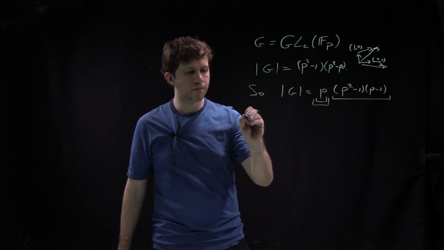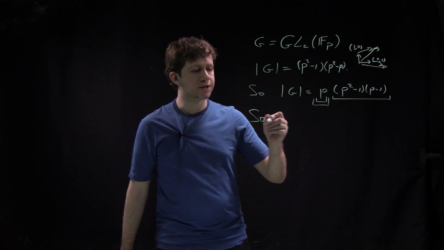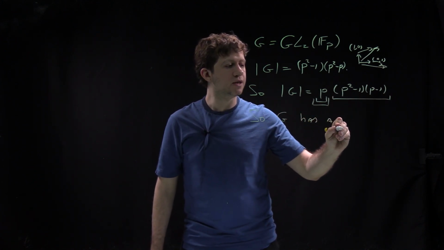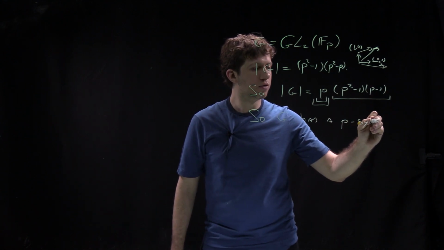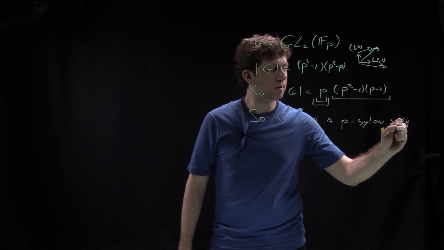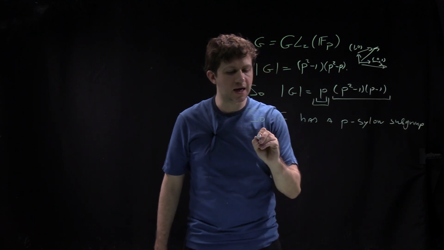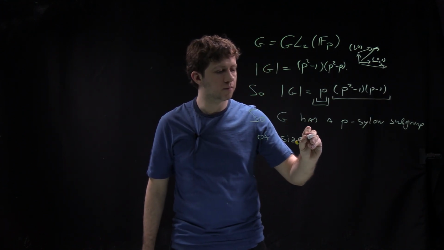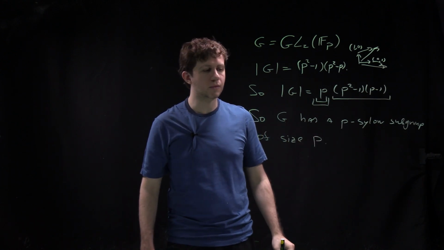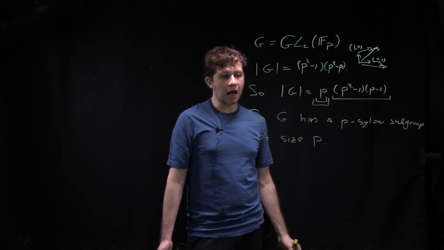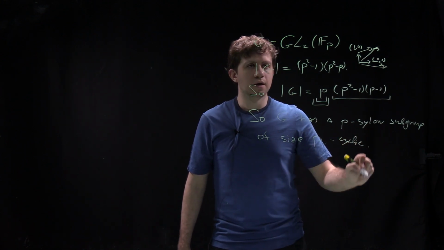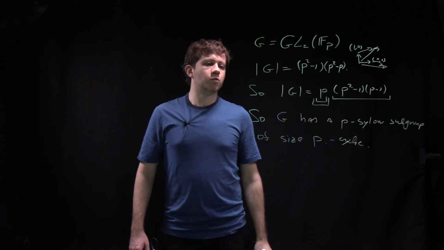So we know that G has a P Sylow subgroup of size p, and so it is cyclic. So how to find one?